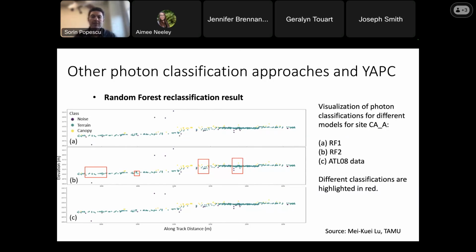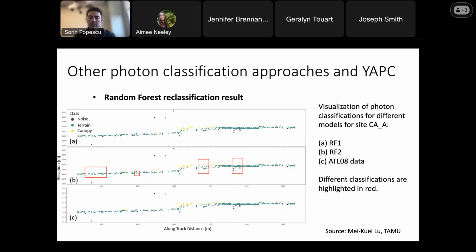There are multiple photon classification algorithms out there. In fact, one that was very appropriately named, yet another photon classifier, YAPC, is also known. My lab has looked at about two algorithms, one of them including a moving window to process those photons, and another one involving random forest reclassification.